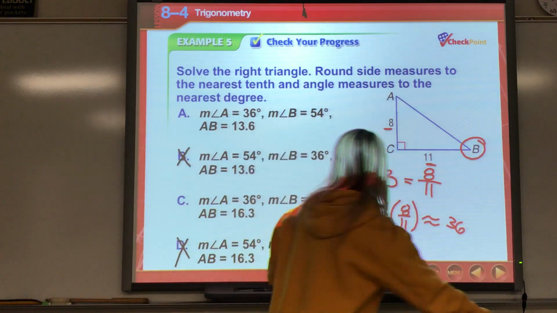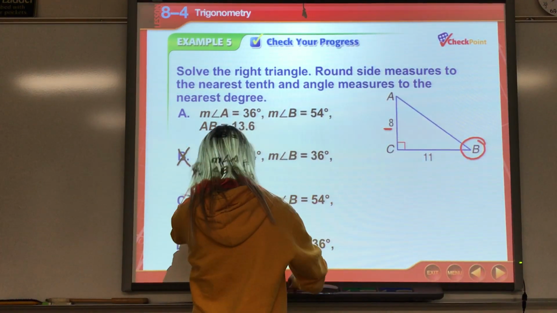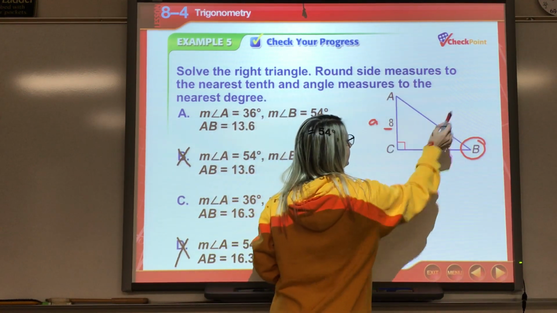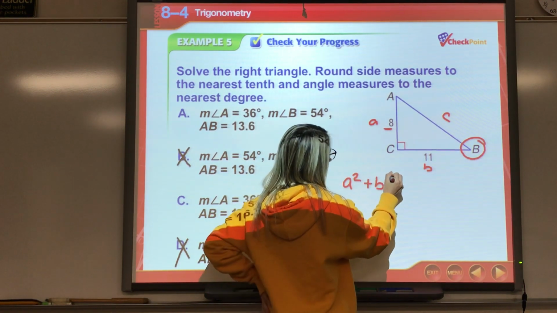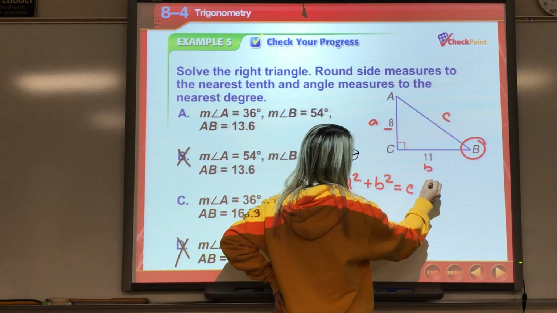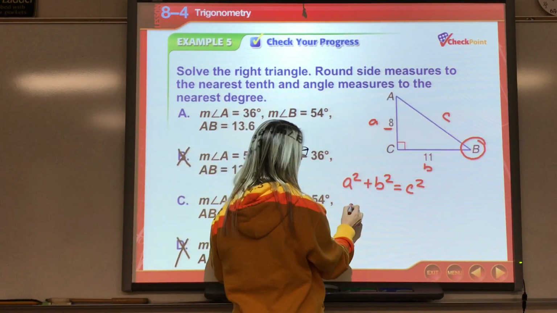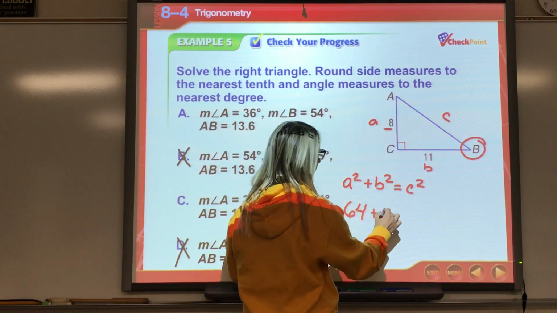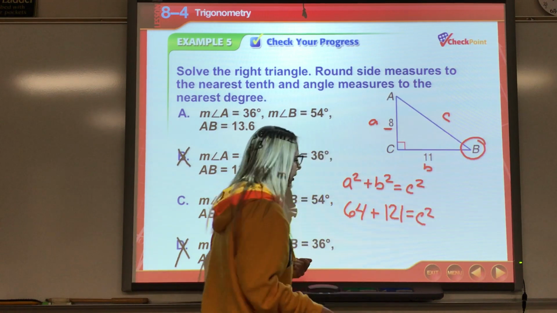So, let me show my work over here. If I called this A and this B and this C, then I had A squared plus B squared equals C squared. Okay, now I can plug in these side values that we have. So I have 8 squared is 64, plus 11 squared is 121, equals C squared.